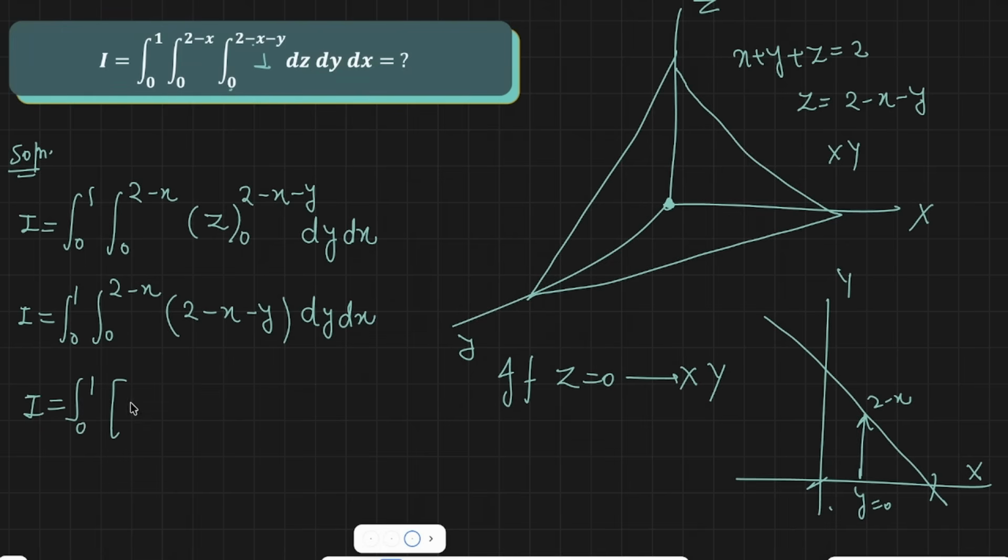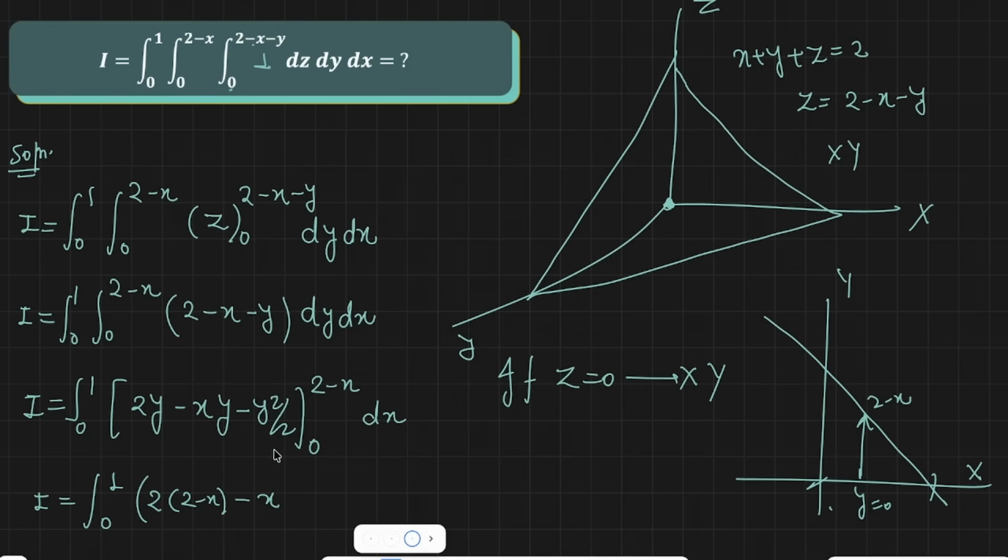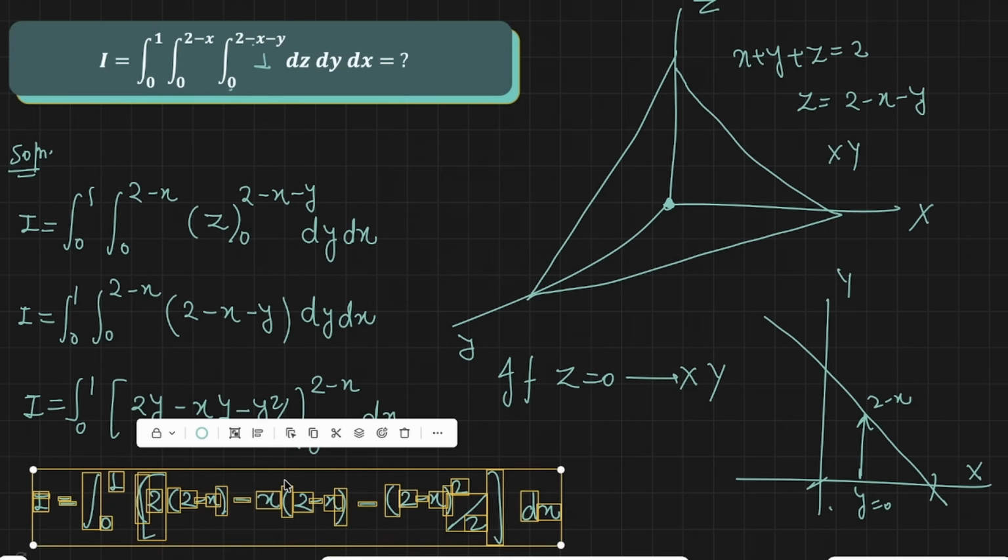When you will integrate with respect to y, it will be 2y minus x into y minus y square by 2 from 0 to 2 minus x, this is dx. Now you put the limit, that will be 0 to 1, so it will be 2, put the limit, that will be 2 minus x, limit of y, so it is also 2 minus x minus this is y square, it means you have to put 2 minus x square by 2, and when you will put 0, it will be 0 dx. So I will simply take this and I will copy this so that I can solve.